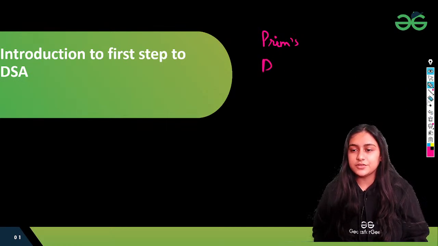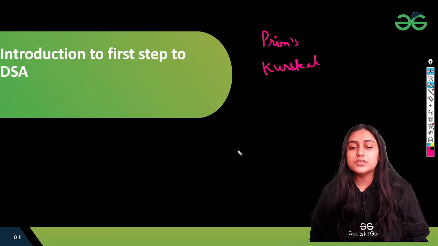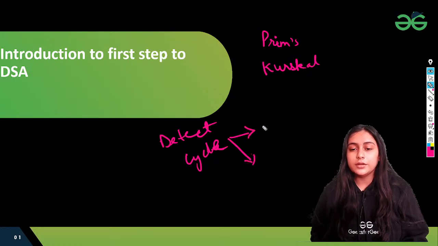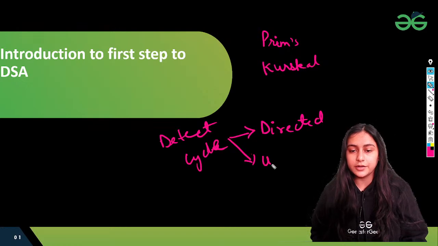Sorry, Dijkstra is used for shortest path, not for this. After we are done with Prim's algorithm and Kruskal's algorithm, we are going to see how we can detect a cycle. We are going to see this in two ways: one in a directed graph, and another in an undirected graph.